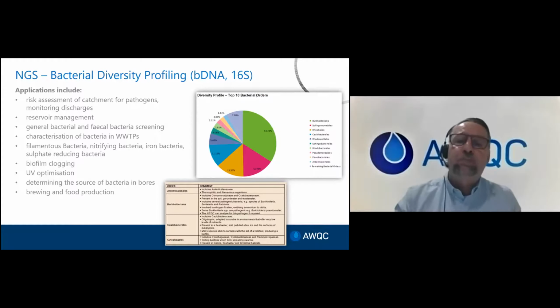So what you can see here in the sample is the diversity profile showing the top 10 bacterial orders. We report on all bacterial orders, but our report focuses primarily on the top 10 bacterial orders. So you can see there the percentage of these bacterial orders that were detected, and then also some explanatory comment in the box below.